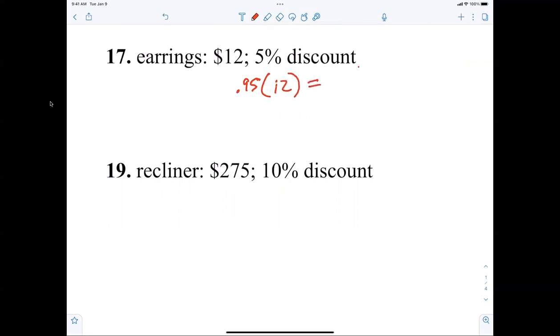What's that? $11.40. $11 and what? Is everybody happy with $11.40? All right, now remember, you're supposed to do the problem before the person is giving you the answer, so you can see if you understand what we're doing. All right, 19.